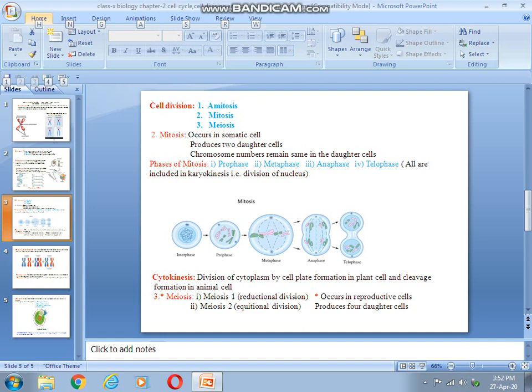Obviously, when a cell divides, it forms two cells, and the daughter cells are identical. Each cell contains the same number of chromosomes as present in their parent cells. That means the chromosome number remains the same in the daughter cells.